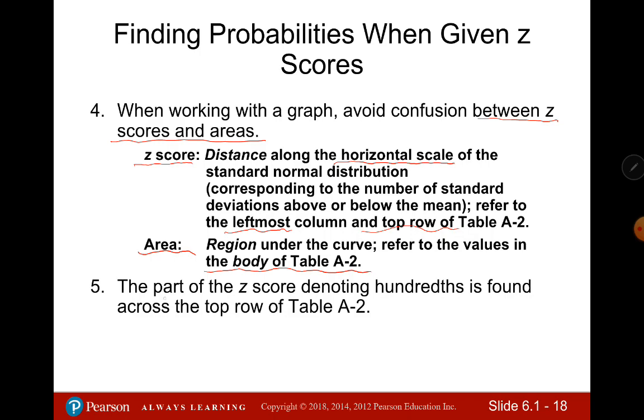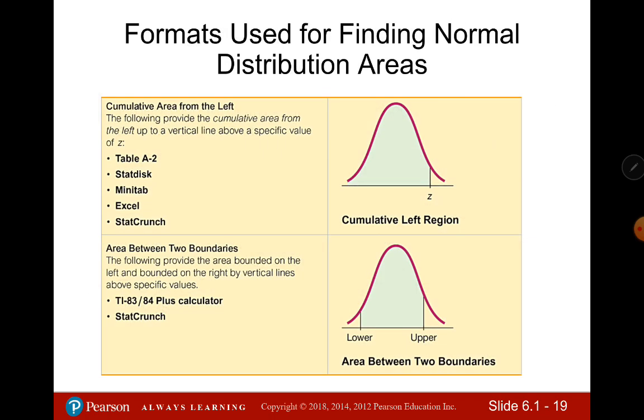And part of the Z-score can be found across the top row. The top row only shows you the hundredths. Again, this helps you understand what a Z-score is. The Z-score is just the horizontal line.